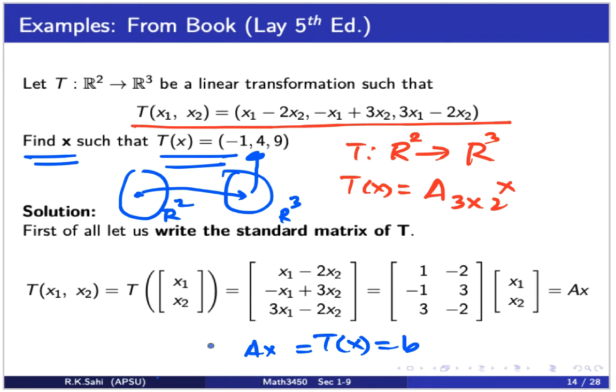Different ways of asking the same question, but the base is still the same. So the question is, find this x such that Tx equals -1, 4, and 9, which basically amounts to saying that the corresponding matrix equation is consistent. That's what it simply means, that this matrix equation is consistent. If you say find the x, that's the way the question is framed, guys.